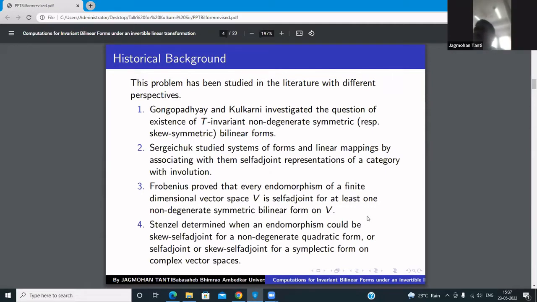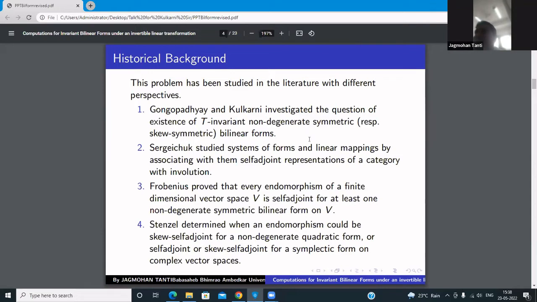They were investigating the question of existence of T-invariant non-degenerate symmetric and skew-symmetric bilinear forms, with a condition on the dimension of the vector space with respect to the characteristic of the field.